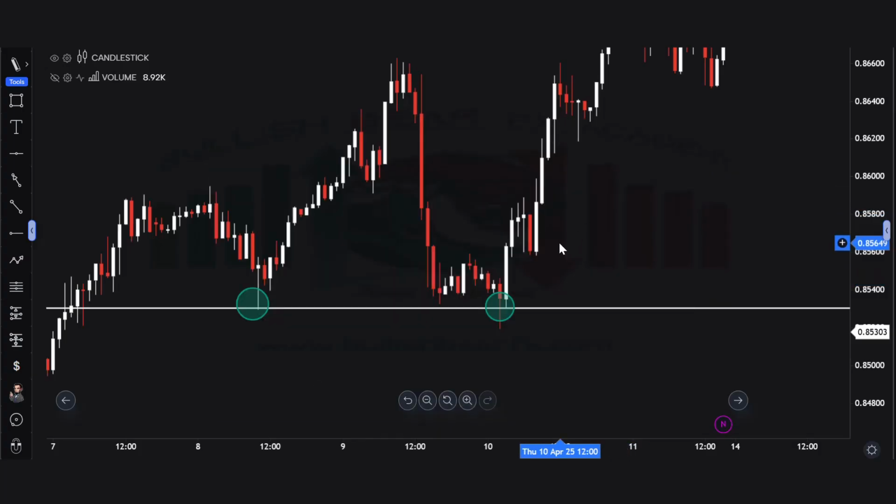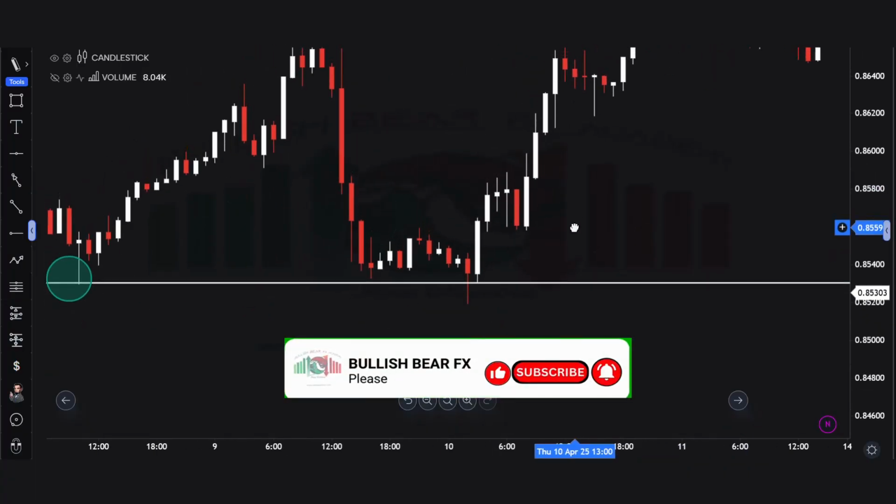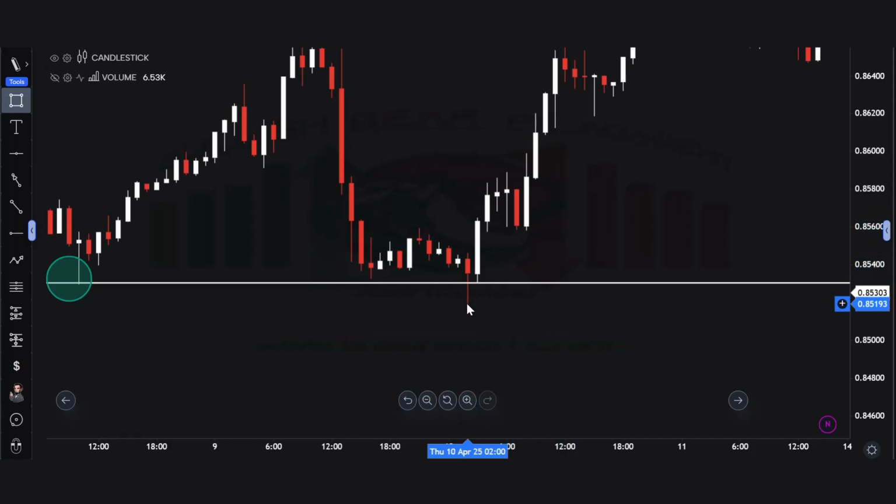So how do we take an entry when price gives us such kind of reaction on our support level? It is simple. First, you want to zoom your chart. Secondly, you want to put a square starting from where the wick of the candle is to where the body of the candle ended.